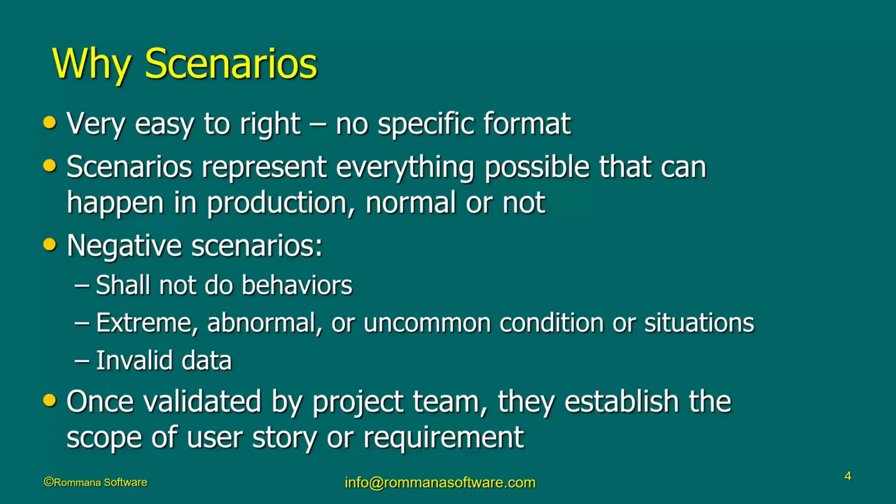Negative scenarios could be things like those scenarios that address shall not do behavior, which is very critical because if you look at all the bug reports that are coming from the customer, they're simply about things the user tried to do and they were not supposed to do. That's what I refer to as shall not do, or things that the system is not supposed to allow the user to do, but the user tried to do.